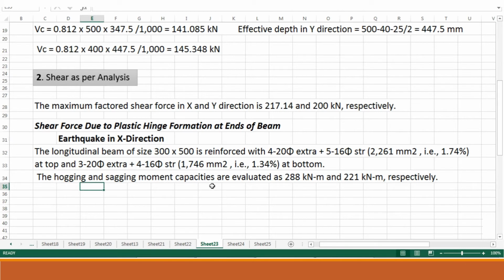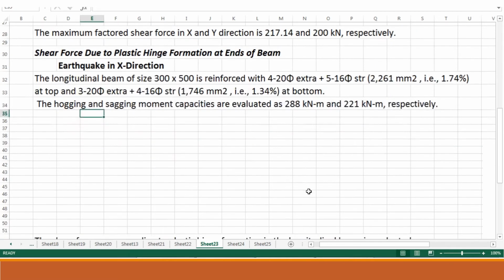The hogging and the sagging moment capacities that are evaluated for this beam are 288 kilonewton meter and 221 kilonewton meter respectively.